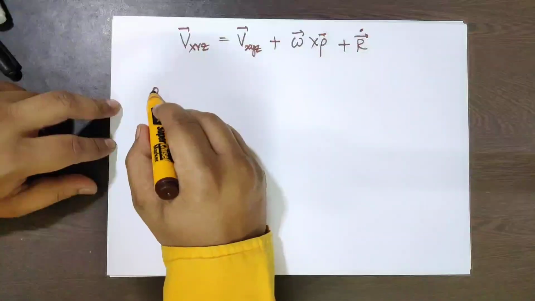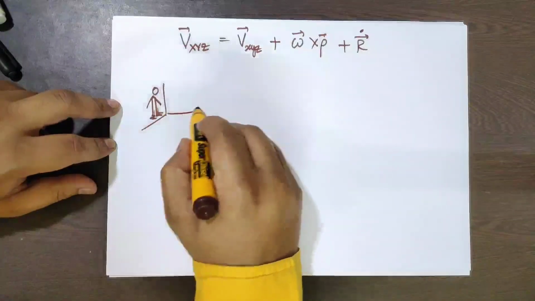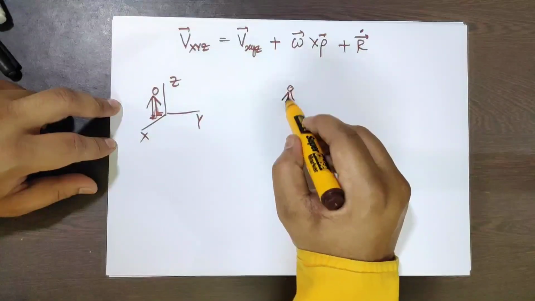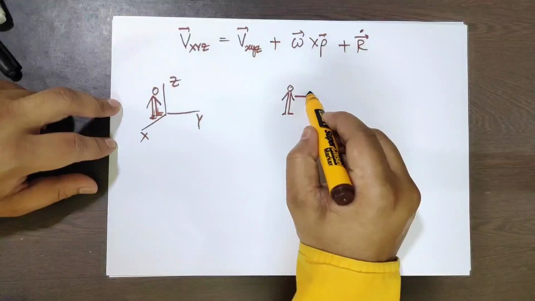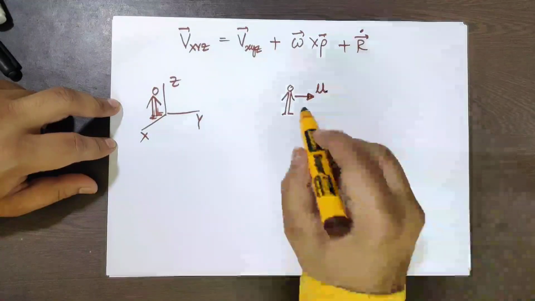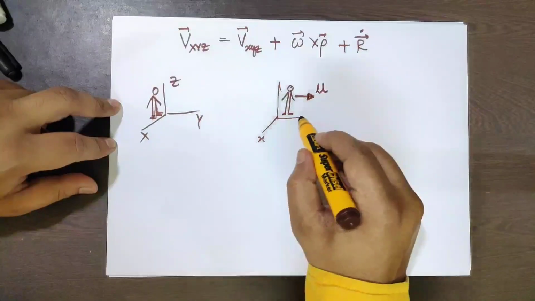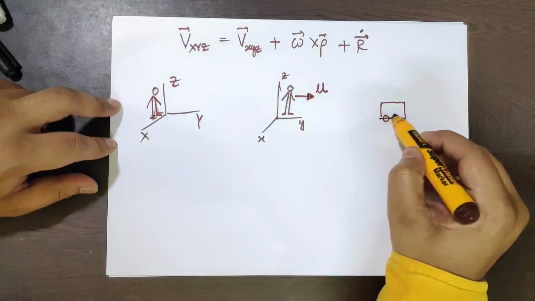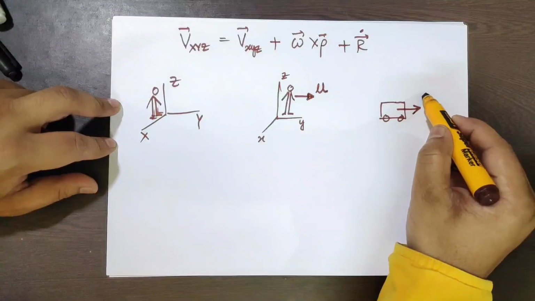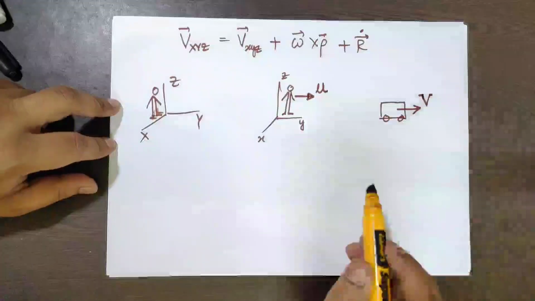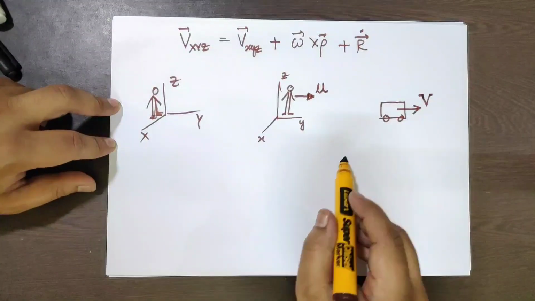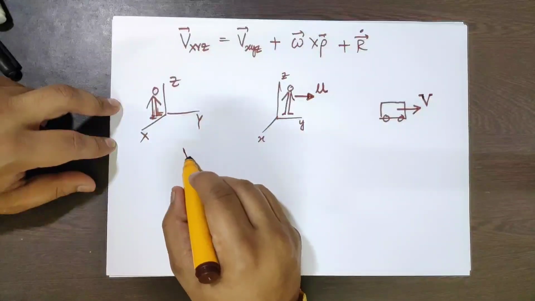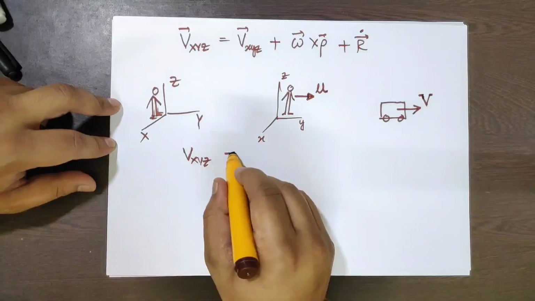So suppose one person is standing here, the ground frame, and this is a moving frame, not rotating, just a moving frame, small xyz, and suppose a car is moving with velocity v with respect to the ground. Then obviously v capital XYZ is equal to v.